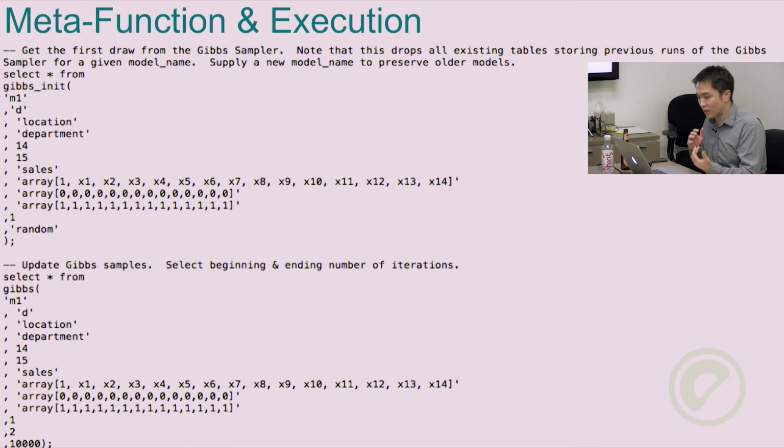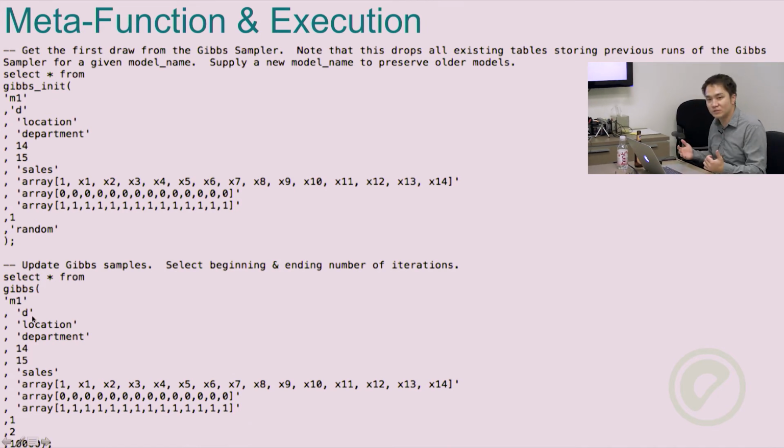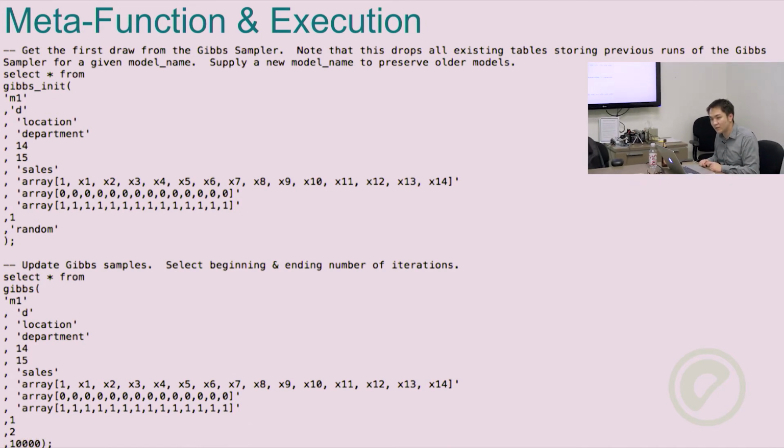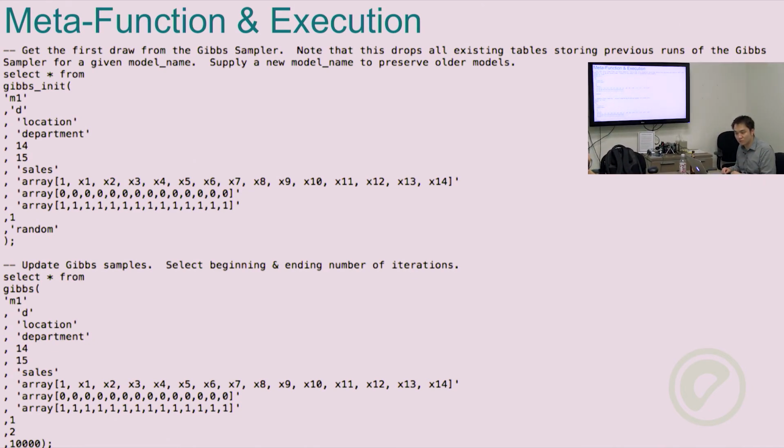I won't go into all the details, but you have an initialization layer that sets the stage and gets the system ready to run your Gibbs sampling routine. And you have a Gibbs update function that says, using what we've just initialized, produce 10,000 iterations of this Gibbs sampling routine, produce 100,000 iterations, and update my results accordingly. And that's what's accomplished by what you see here on this page.